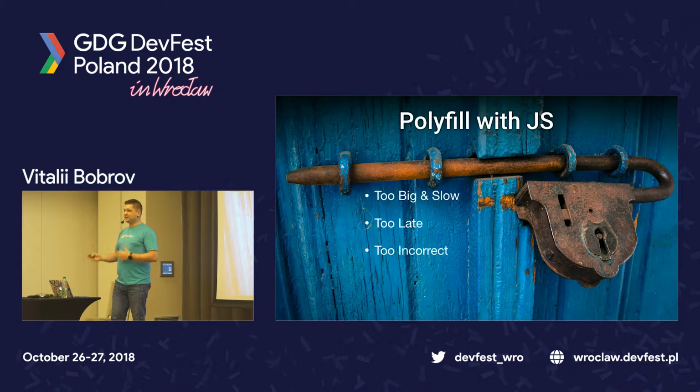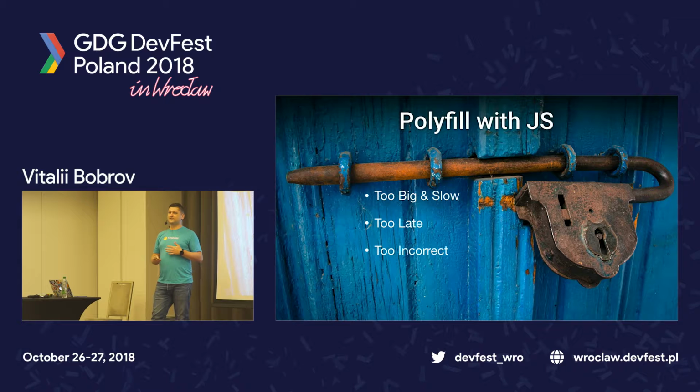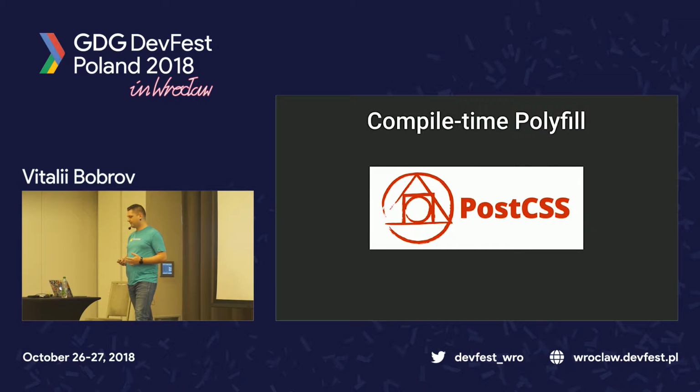And they're incorrect because it's really hard to behave like the CSS engine, to apply rules according to the cascade, to invalidate rules on different media queries, on screen size changes, and so on. That is why with JavaScript you can polyfill some features, but it's hard and non-performant.